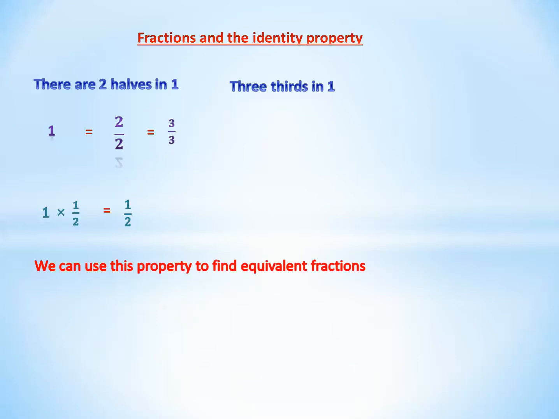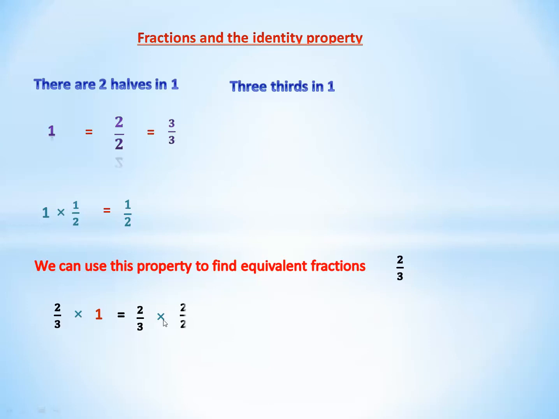And we can use this property to find equivalent fractions. If I put 2 over 2 in place of 1, like this. If I want to find an equivalent fraction to 2 over 3, we multiply 2 over 3 times 1. Remove 1 and put, for example, 2 over 2.